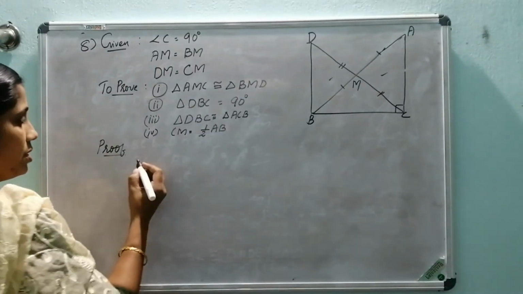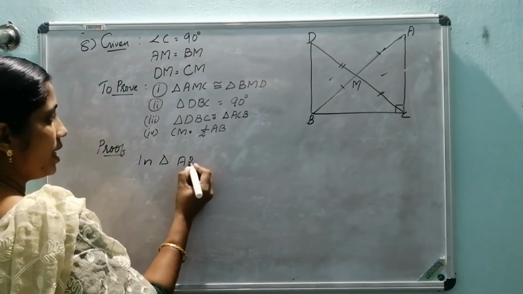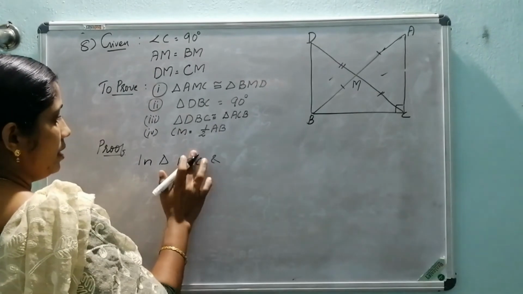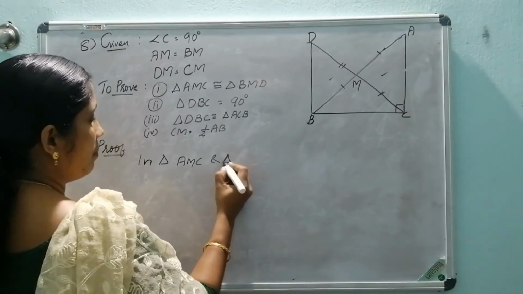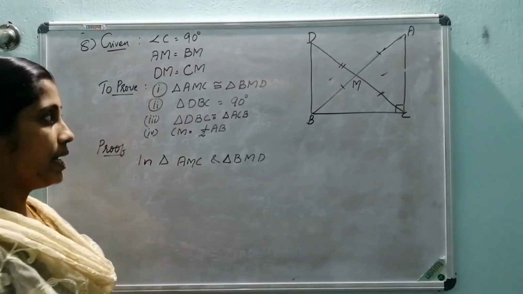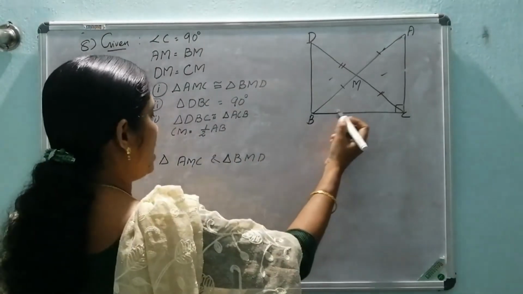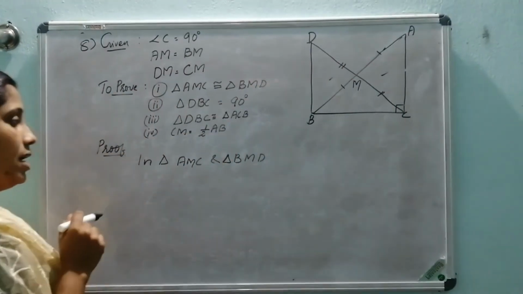Okay. First you have to specify the triangles. In triangle AMC and triangle BMD, what can we say? AMC is the first triangle, so you have to specify the sides of the first triangle, AMC.